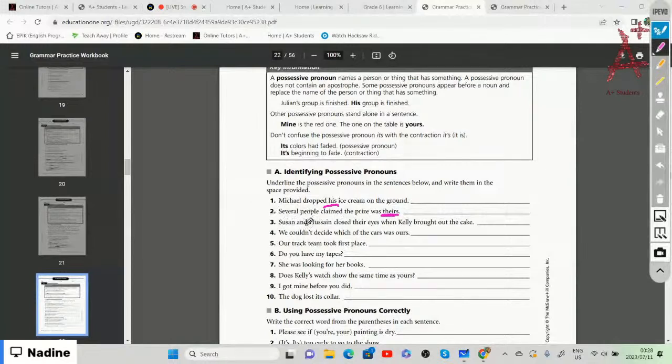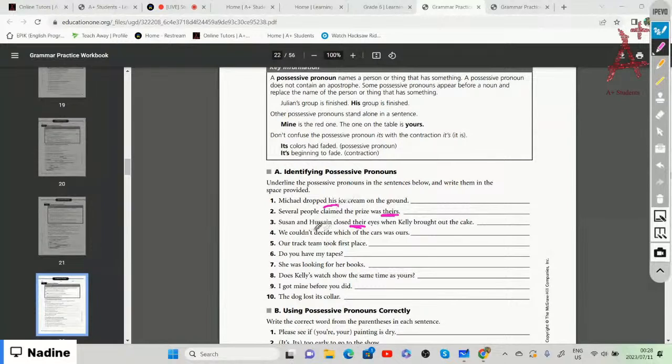We can say they closed their eyes, which shows possessiveness or position. Instead of saying Susan and Hussein closed Susan and Hussein's eyes, we can say they closed their eyes.